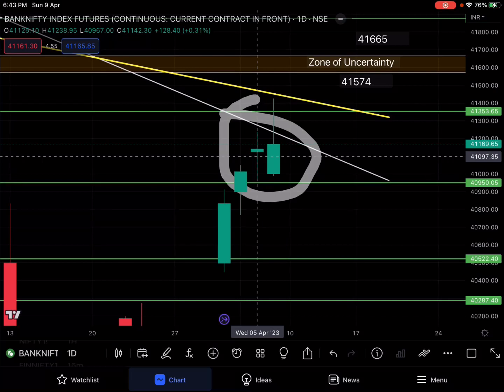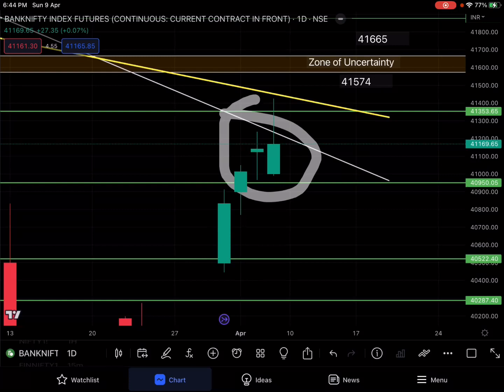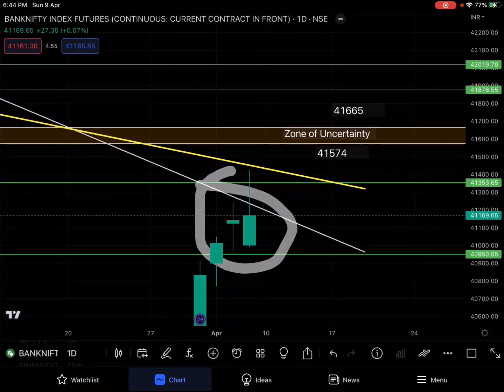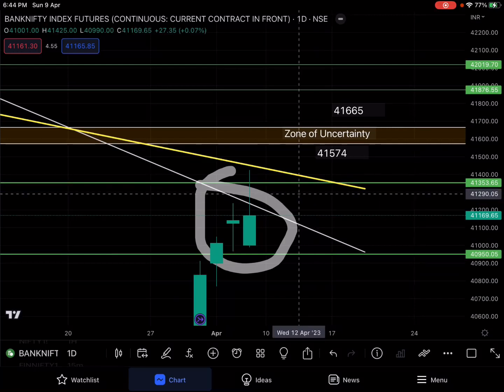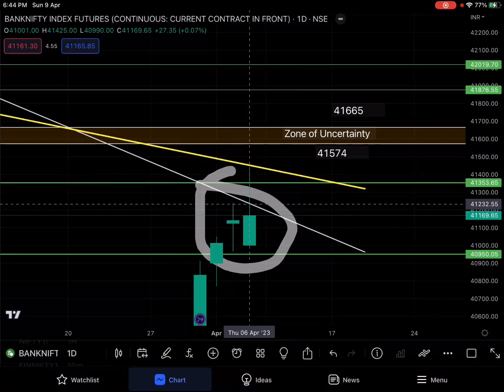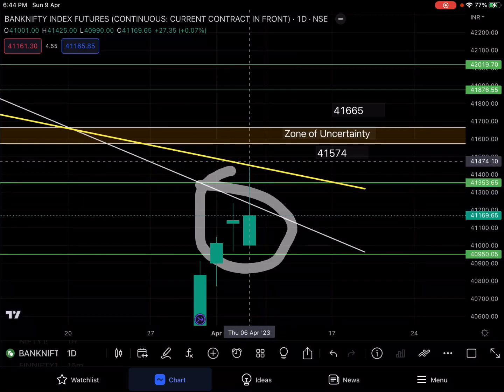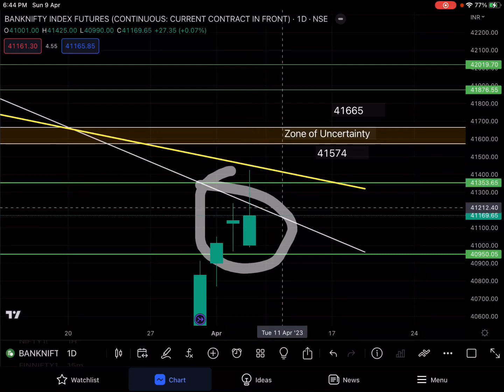For people going long who want to enter or hold futures for the coming months, I would ideally suggest going long only above 41,670. There are three kinds of resistances over here, which I see as 41,250, 41,450, and 41,574 and 41,665.